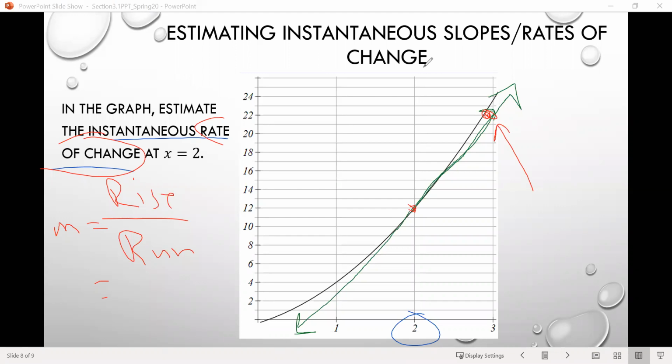And look at how much we rise to go from the first point to the second point. It looks like we have to go from a value of 12 up to a value of 22. So we rose 10. And then we run over to the right. We go from 2 to 3, so it looks like we run 1. So our estimate for our slope, or our rate of change there, is 10.